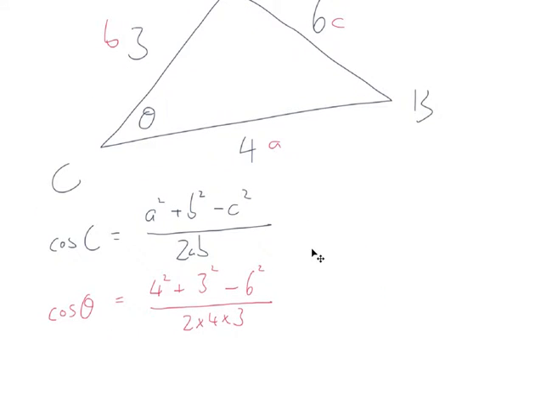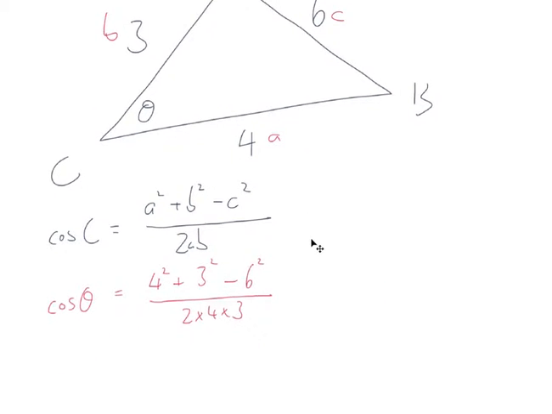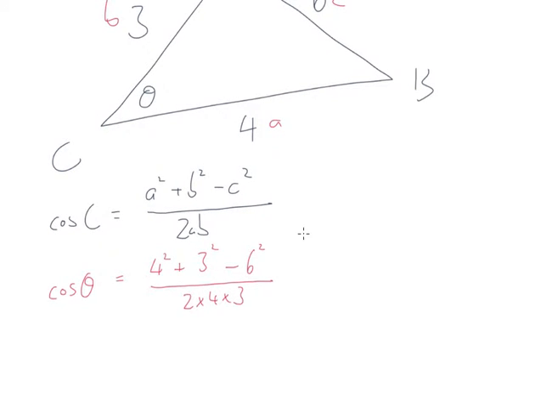And it is quite robust, it will always work. So the sine rule, you saw the sine rule was a little bit falling apart in places when I did the examples. Cosine rule, a bit more robust. It basically can take anything you can throw at it. So going through this, cos theta equals 16 plus 9 minus 36 on 8 times 3 is 24. That's going to make 25.